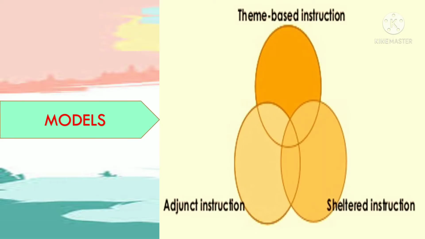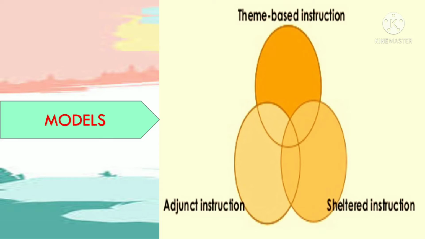There are three models of CBI: theme-based instruction, adjunct instruction, and sheltered instruction. What are the differences between the three? Theme-based instruction focuses on language and content, easily adapts to the needs of learners, and is easily integrated into a course. The role of the teacher here is language teacher.